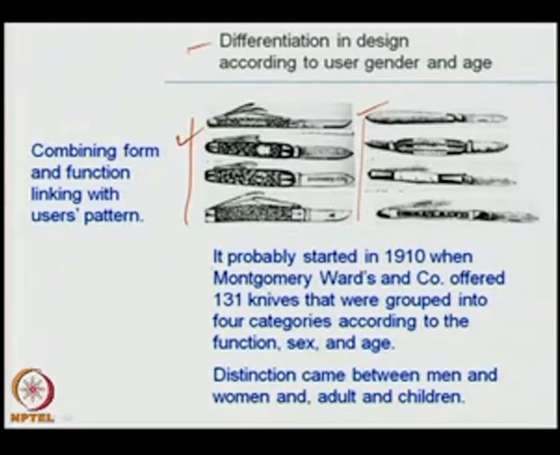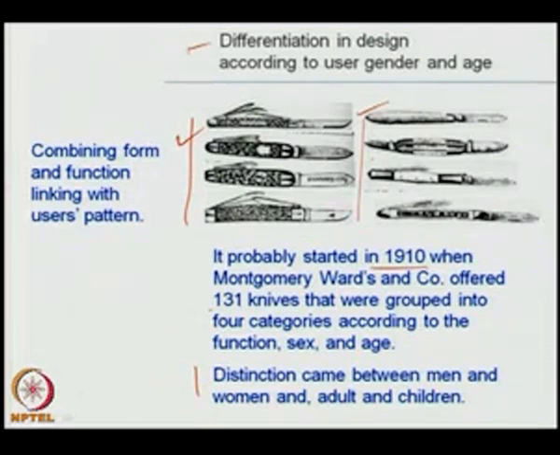It probably started in 1910 when Montgomery Ward and Company offered 131 knives that were grouped into 4 categories according to function, sex and age. Distinction came between men and women and adults and children at that time.